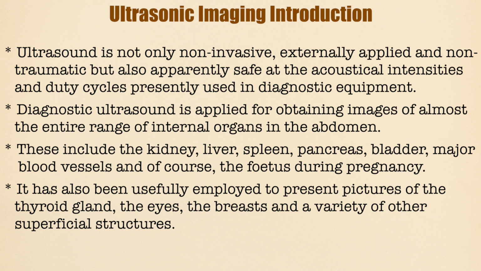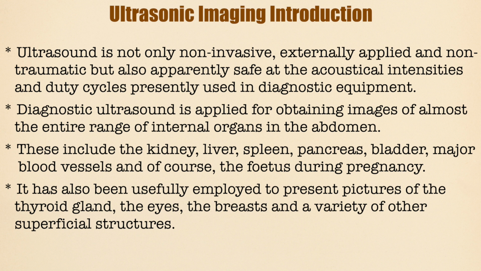Diagnostic ultrasound is applied for obtaining images of almost the entire range of internal organs in the abdomen. These include the kidney, liver, spleen, pancreas, bladder, major blood vessels, and of course the fetus during pregnancy.